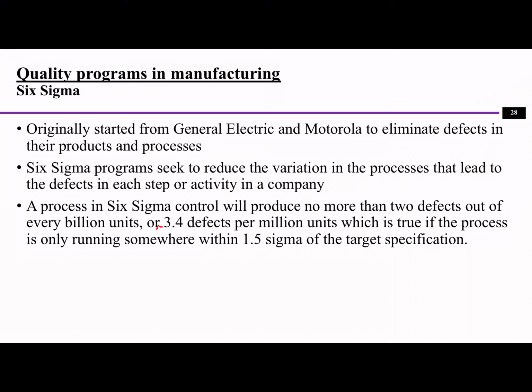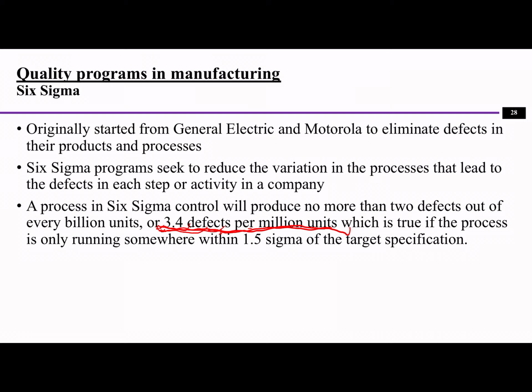Six Sigma means 3.4 defects per million units, right? If you produce 1 million units, you only allow 3.4 defective ones.